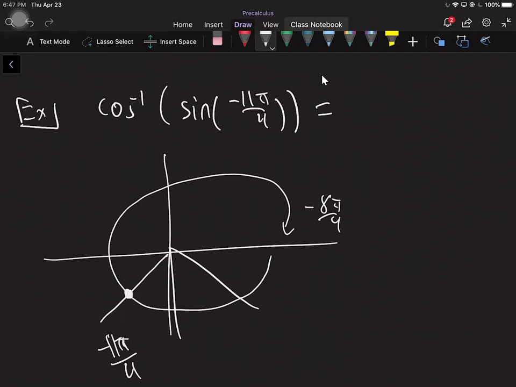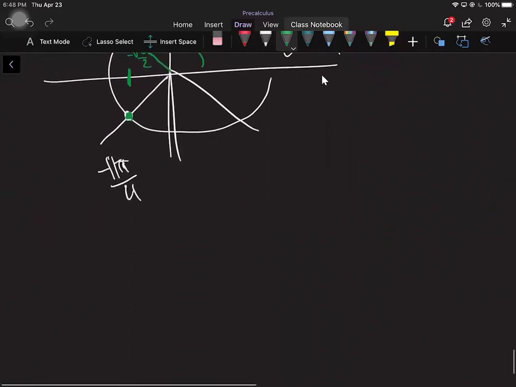Well, what's the y value that matters here? It's going to be negative root 2 over 2. And now I'm asking for what angle gives me an x value of negative root 2 over 2. Well, this angle already did that, but that's not the answer, because I always look at cosine, I always look at the top angle, so I want this one instead. So it's not just back to negative 11 pi over 4, instead it's 3 pi over 4.